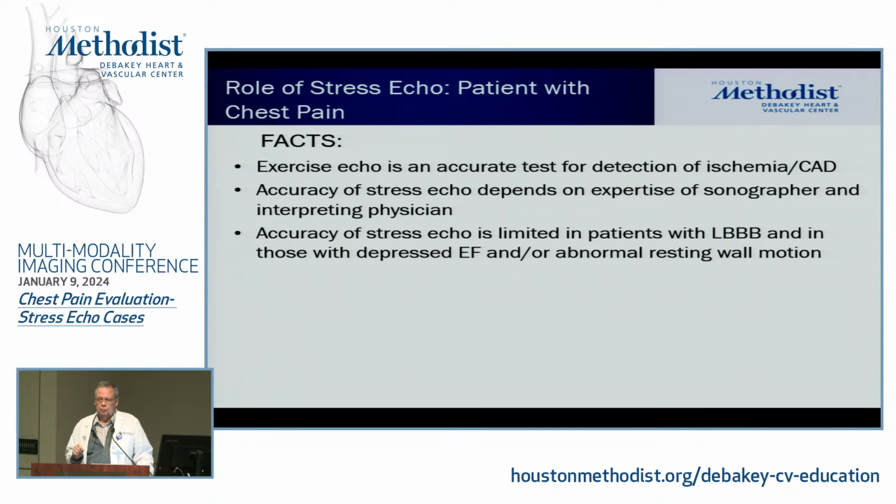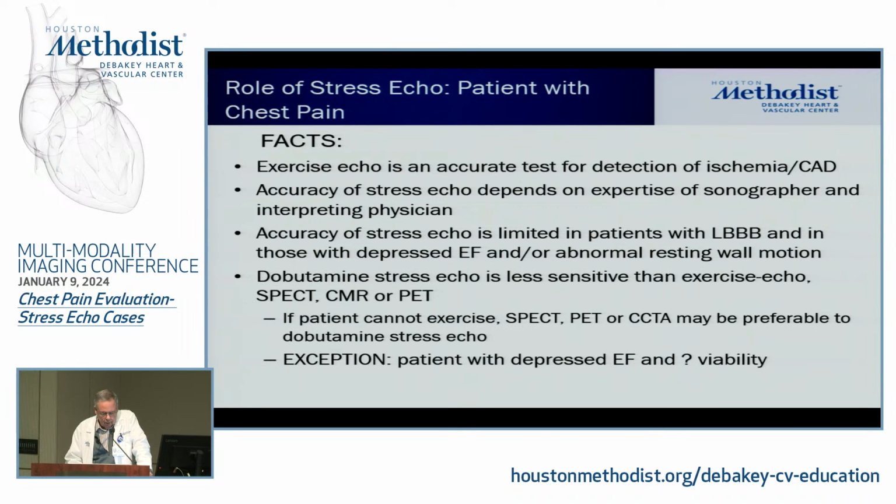Probably for left bundle branch patients right now, the best way to work them up is either to go straight to CTA or a PET, because nuclear suffers the same problem of having false positives. The problem is not specificity, because with the dyssynchrony that you get with the left bundle, you can induce all kinds of funny wall motions with stress that appear to be positive. So it's not a good test for people with left bundle.